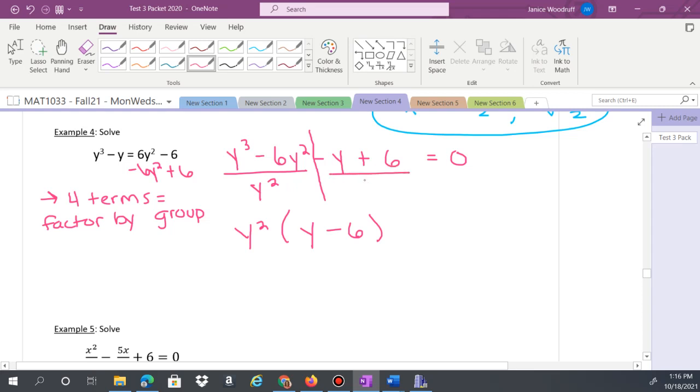Remember, if you can't take anything, take a 1. And then if you need to change the signs, which here we do, take a minus 1. And then that'll give us a positive y, negative 6. All right, so one of my factors is y minus 6. My other factor is y squared minus 1.